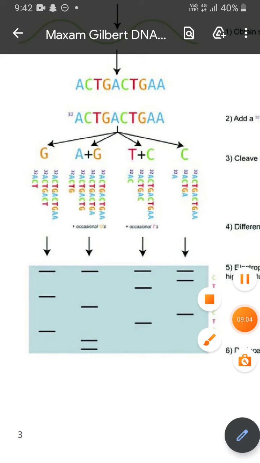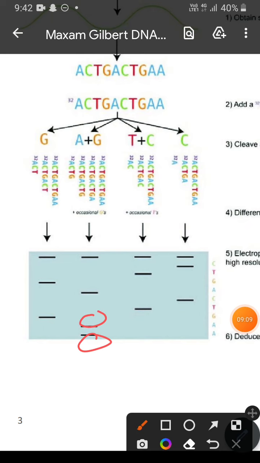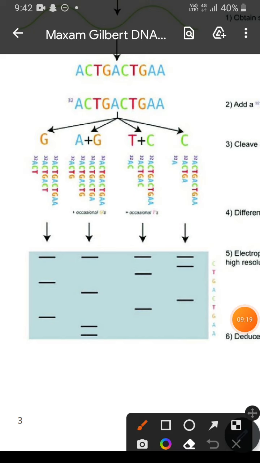Now remember one thing, the fragments that are in the bottom will simply indicate nucleotides that are in the 5' end. And another thing that you have to remember while you are resolving your DNA sequence with the help of this band is the bands that are present in both A and G in the same lane.